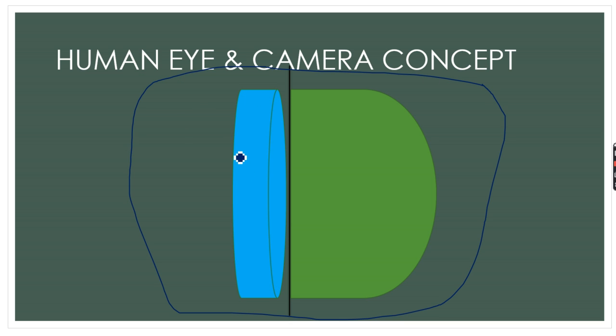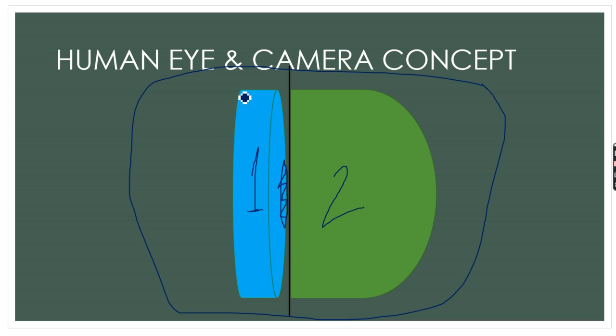Now here, I'm dividing it at the level of the presence of the lens. Suppose here is the ocular lens, the natural lens that is present inside any human eye, right? Behind this lens is the second zone, and this one is the first zone, just for understanding the concept, right?